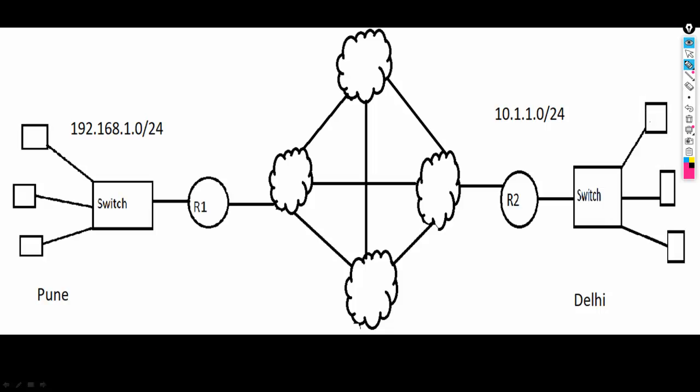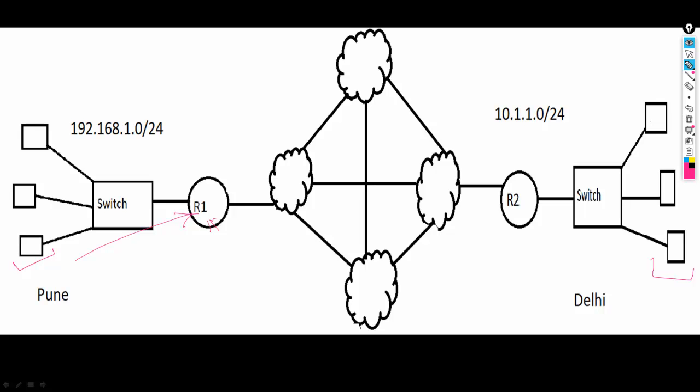Let's say for an example, we have two different networks and user of Pune location wants to communicate with the user at Delhi location. For that, packet will reach router first, and after that router will do the routing, and packet will go through this router R1, and R1 can further send the data through different paths.